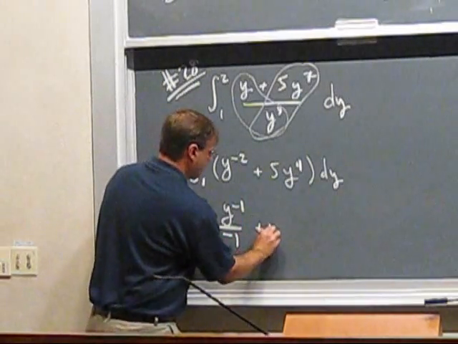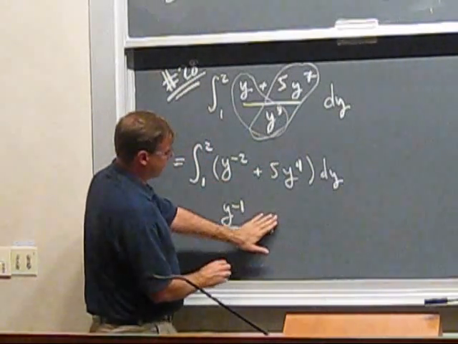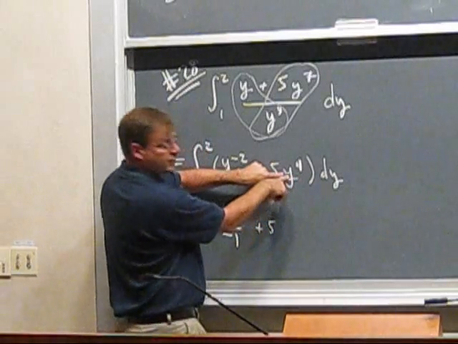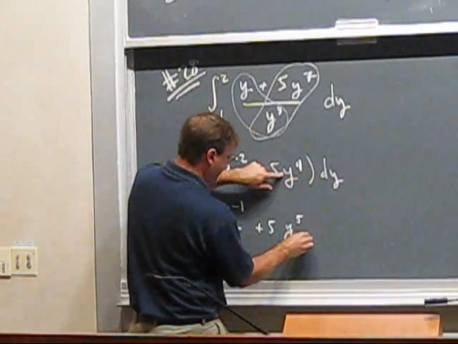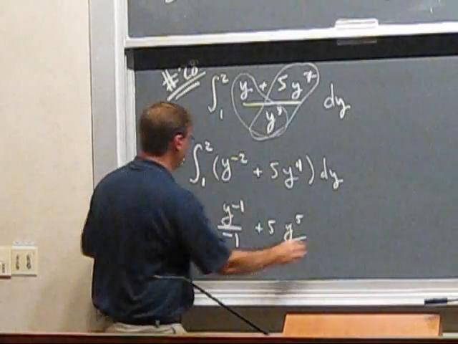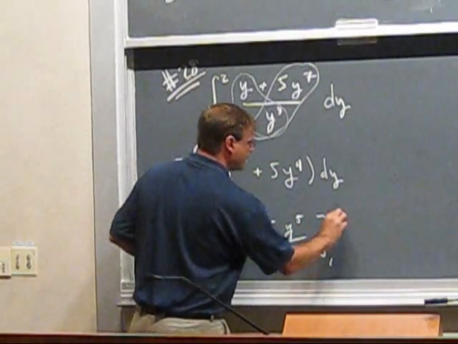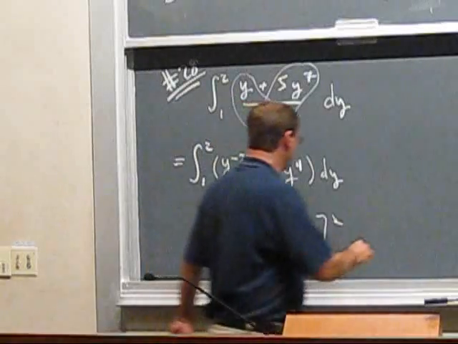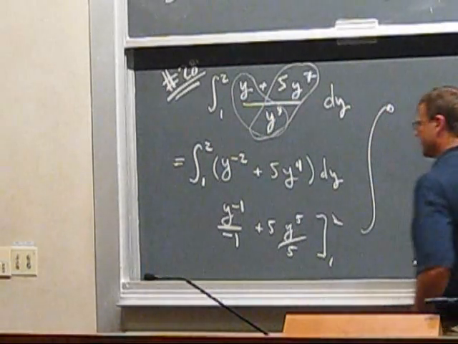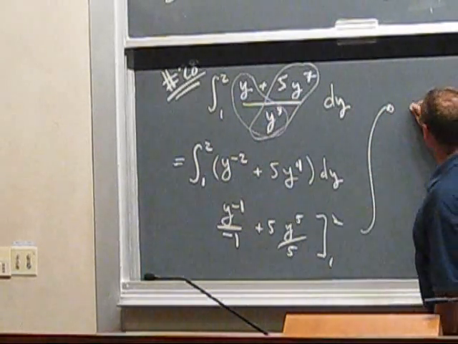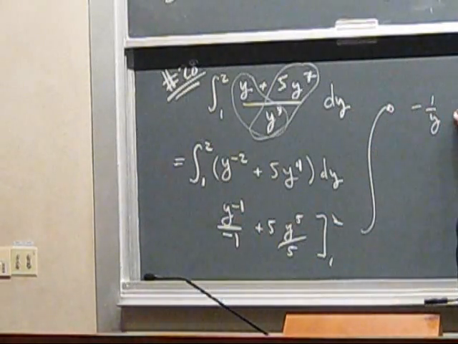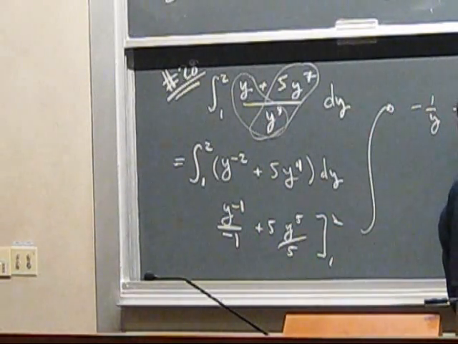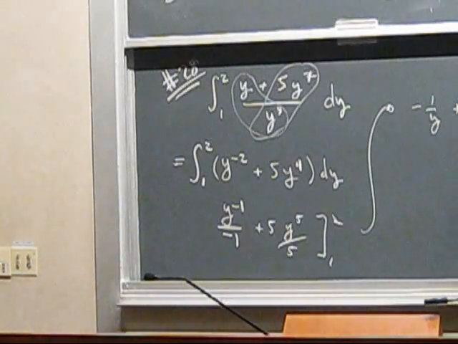Over here, in the next term, I'm going to carry the 5 with me. When I do the integral of y to the 4th, I get y to the 5th over 5. And I'm going to evaluate all that from 1 to 2. So that equals negative 1 over y, that's y to the negative 1, plus y to the 5th, evaluated from 1 to 2.